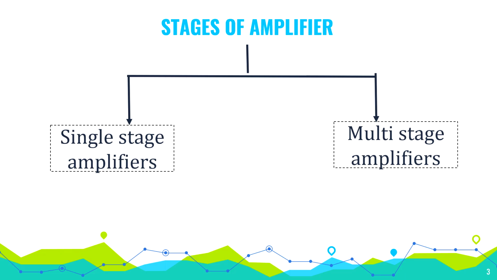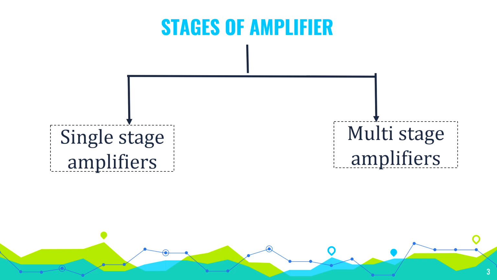As the name itself suggests, a single stage amplifier has only one transistor circuit for the process of amplification. That is, in between an input stage and an output stage, only one BJT or FET or any transistor is present. Meanwhile, a multi-stage amplifier has more than one transistor circuit in between input and output stages. That is, a combination of BJT or FET is placed between input and output stage.